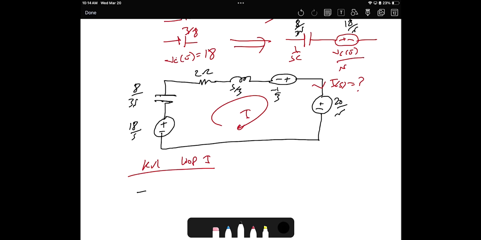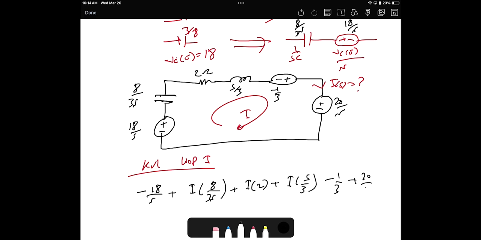So 18 over s plus, this is an impedance, which means I times 8 over 3s, plus there's 2 ohms, so I times 2, plus I times S over 3, then a source negative 1 over 3, plus 20 over S, equals 0. Okay? Is this clear?